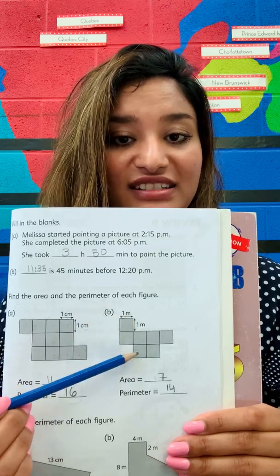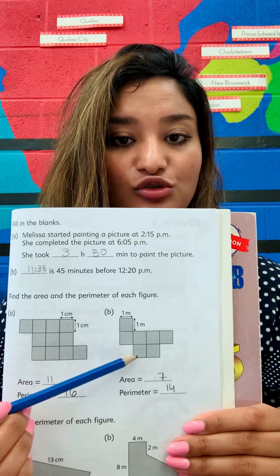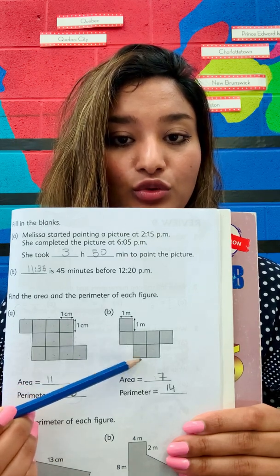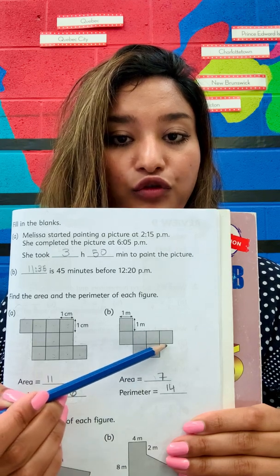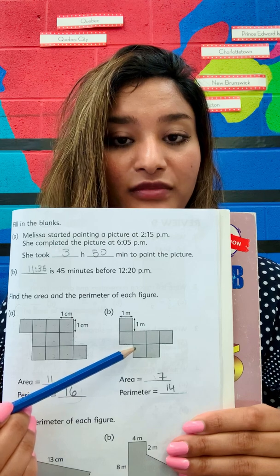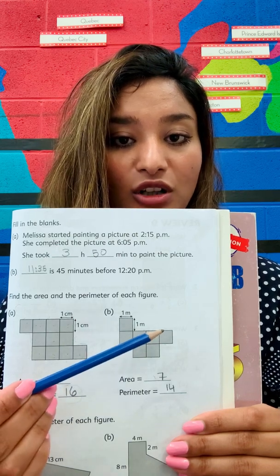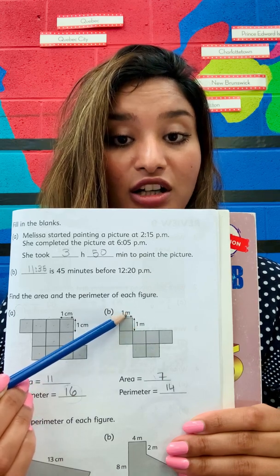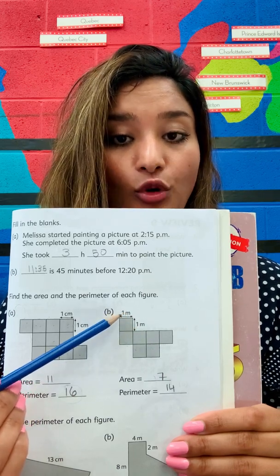So let's go ahead and count our bottom first. So let's start here. 1, 2, 3, 4. So we have 4 for the bottom. Let's look at our top. 1, 2, 3, 4. We have 4 top and 4 bottom.